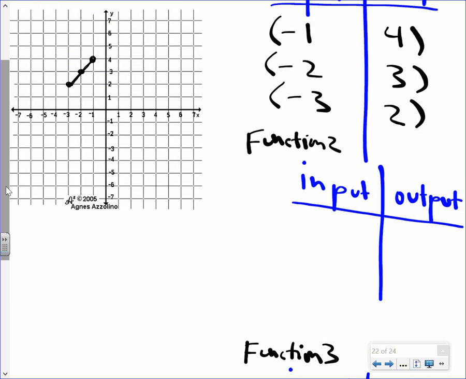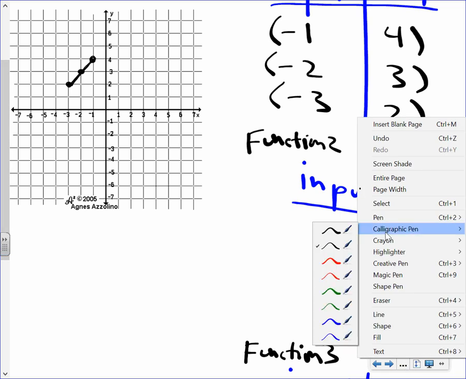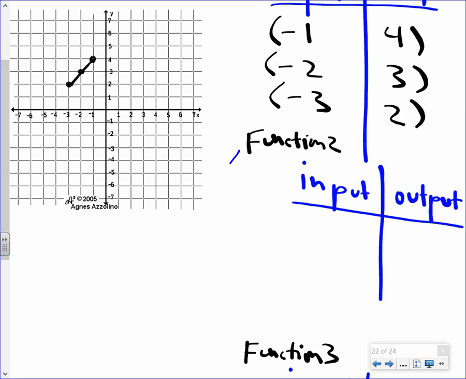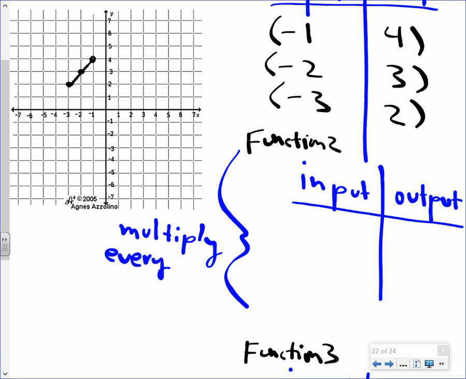All right, for function 2, right here, we're going to multiply. Go and write multiply every input by -1.